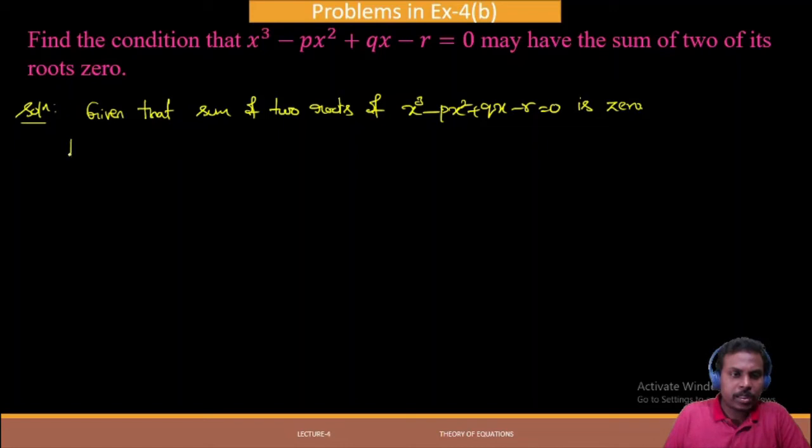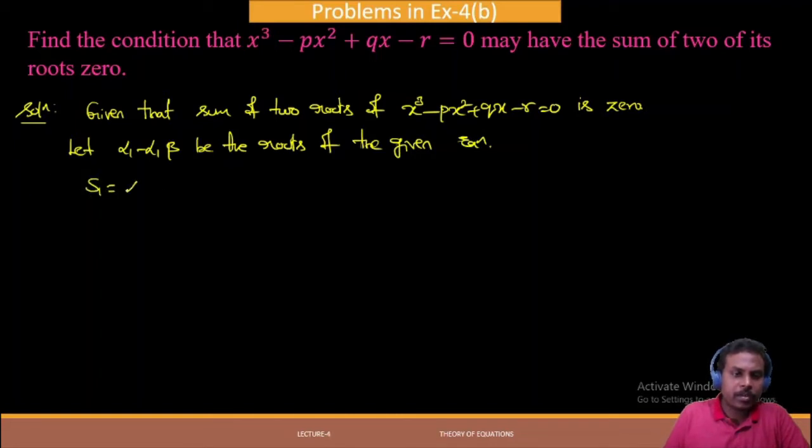So in this case, let alpha, minus alpha, beta be the roots of the given equation. Now let us consider S1. S1 is alpha minus alpha plus beta. That is equal to minus of minus p, that is equal to p. So this implies beta is equal to p.